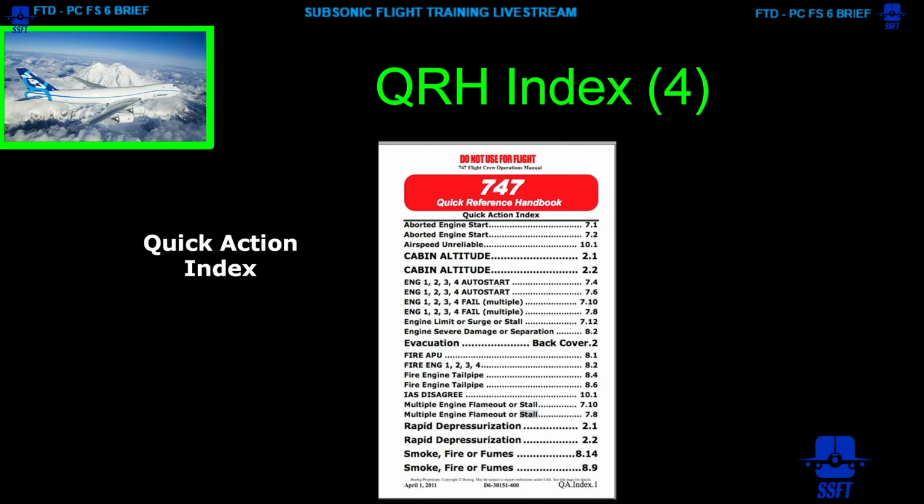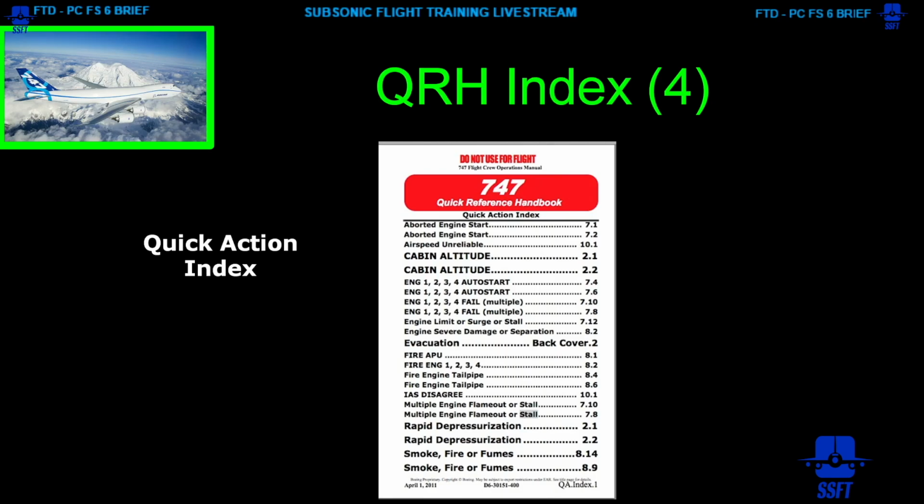So there's 4 of these indexes right at the beginning of the QRH. And of course, on the top of the QRH is the quick action index. And these consist of the items that are required to be done in a very timely manner. They may or may not have memory items associated with them. Some do, some don't on this page.